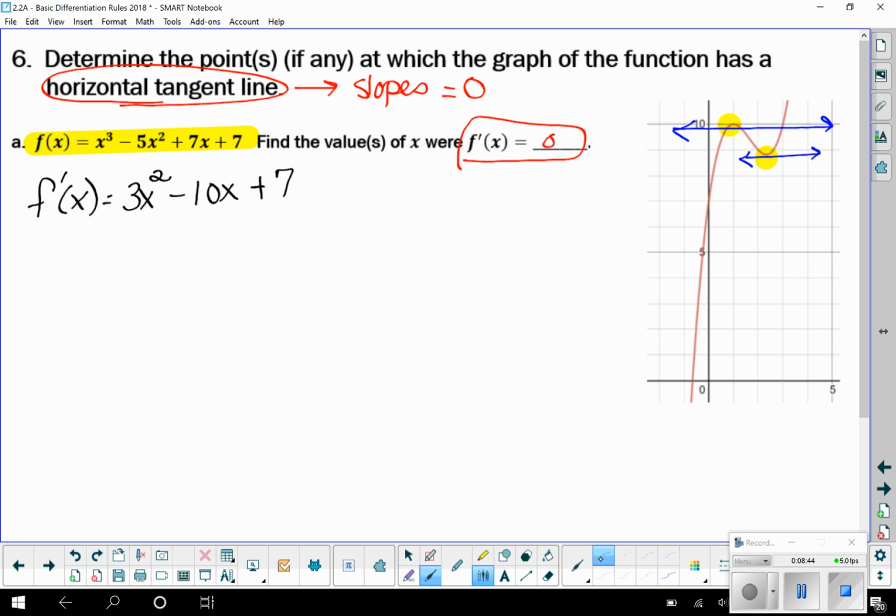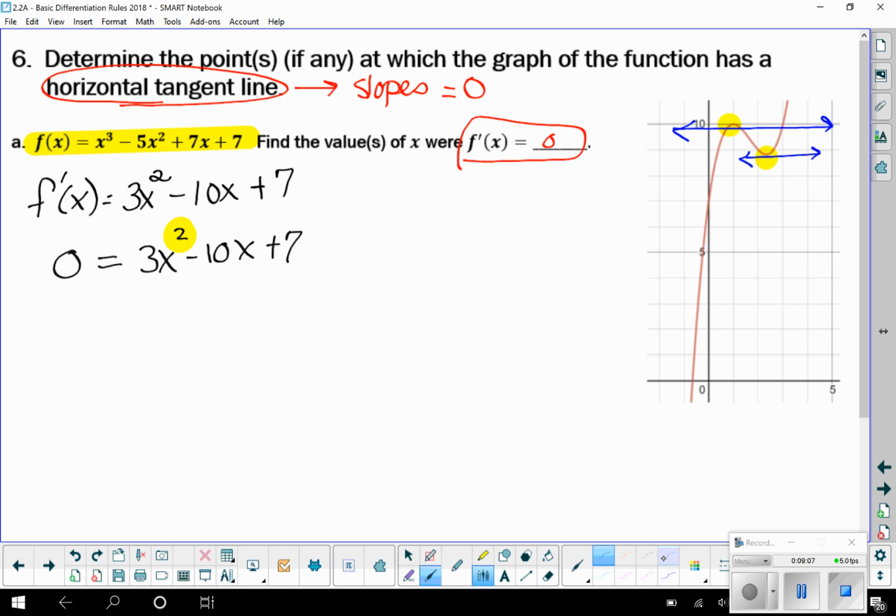So let's take our derivative, set it equal to 0. And I think this is going to be a factoring. I can tell that I probably should have 2 solutions since I'm working with a squared function. And let's see if we can find those 2 solutions.